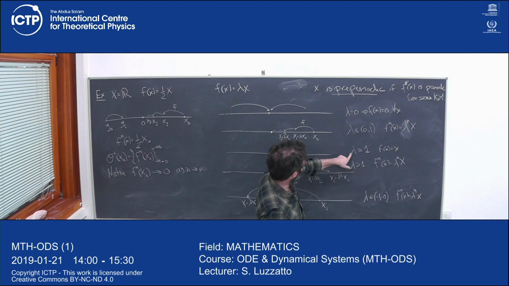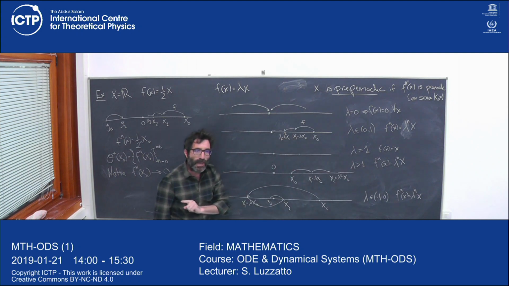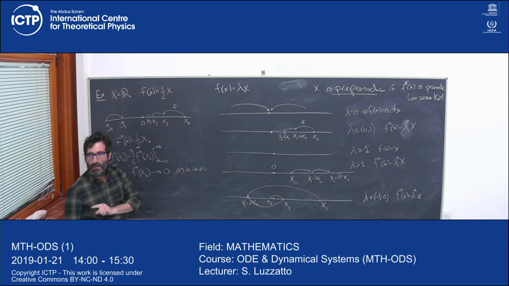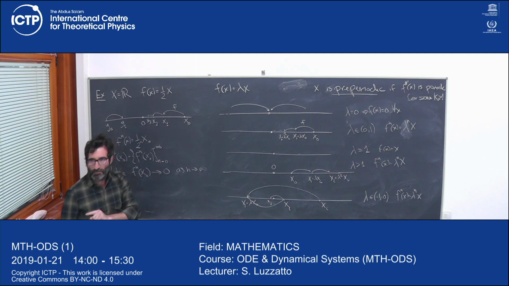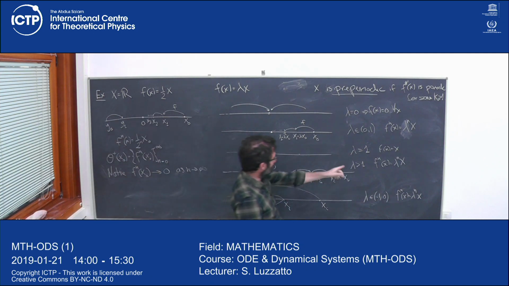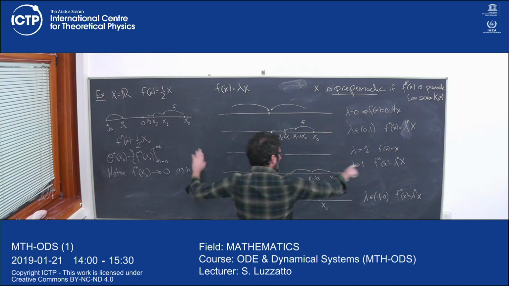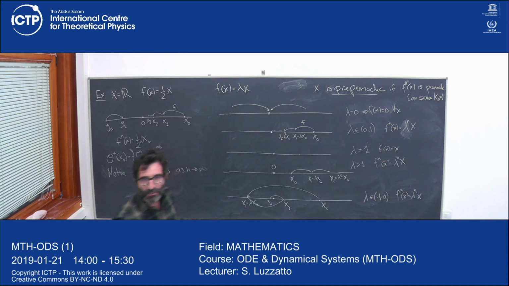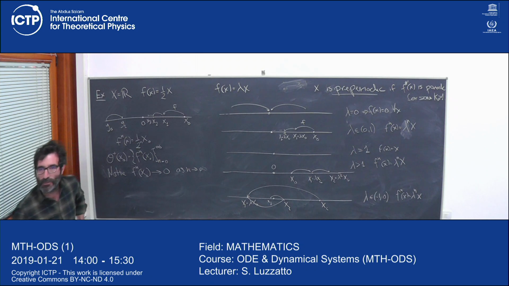So when lambda is equal to -1, then what happens? They flip, so they're periodic of period 2. Every point is periodic of period 2. Okay? And if lambda is less than -1, then the same thing happens. They flip, but they're moving away towards infinity. Okay?